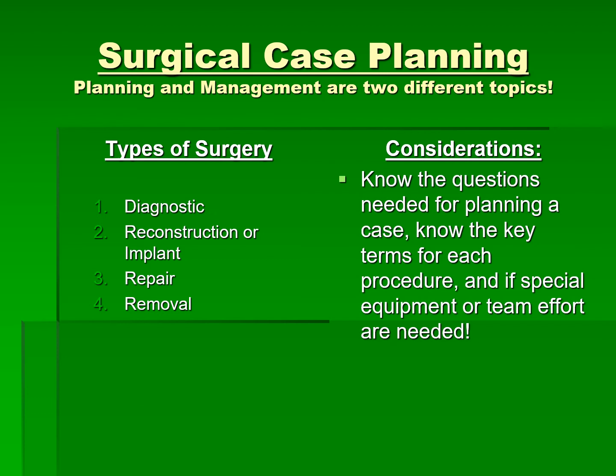So we want to make sure that we know what approach the surgeon is using so that we can position the patient properly, we can make sure we have the equipment that we need and the instrumentation that we need. So those are the different types of surgeries and the questions that we might think about and ask depending on what type of surgery that is.